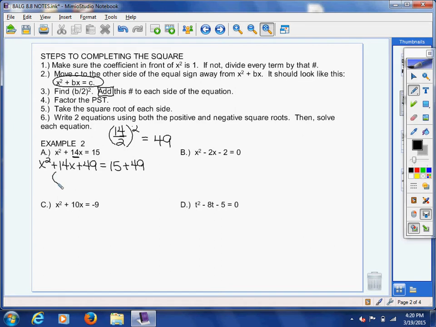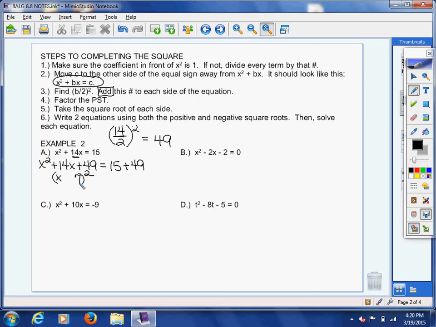And so we can factor that perfect square trinomial. Remember, when you factor perfect square trinomials, it's real simple. X squared. Well, in each quantity, I'm going to have an x, because x times x is x squared. And then the 49. What number times itself is 49? 7.